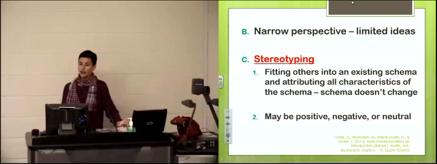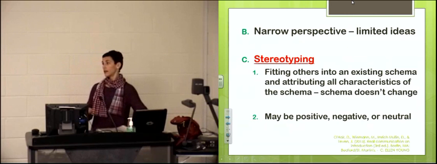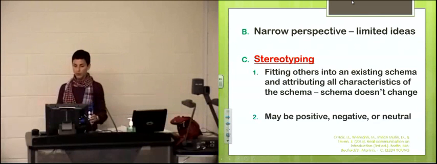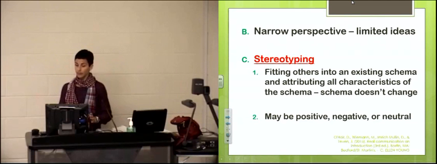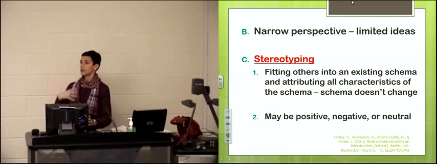Another one would be narrow perspective, limited ideas. It's really another way of saying not enough information in your schemas. And then stereotyping is what you really rely upon when you have to answer questions like what I gave you for Kristen. You don't know enough about her. You haven't had enough time to gain a lot of information. So you have to rely upon stereotypes, which is fitting others into an existing schema that you have and attributing all characteristics of the schema to that one person, and your schema doesn't change.